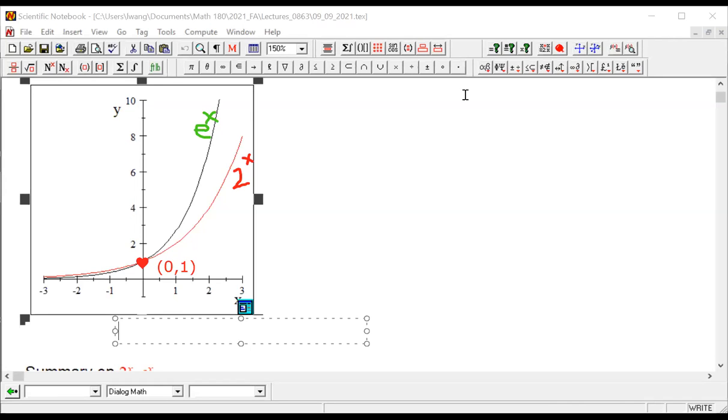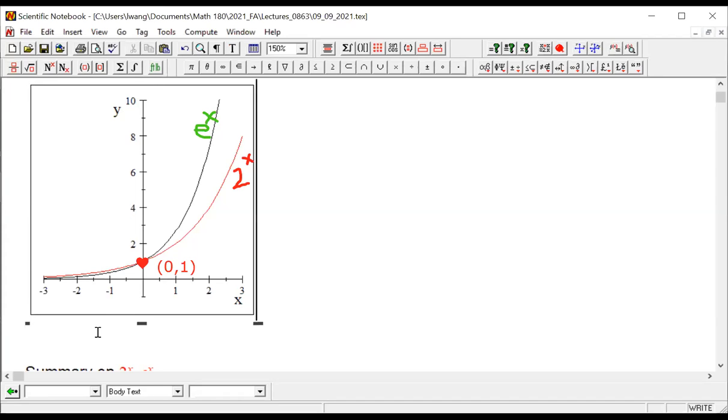I have a next question. If you are to plot 3 to the power x, can you sketch it without plotting any points, based on what we have done?